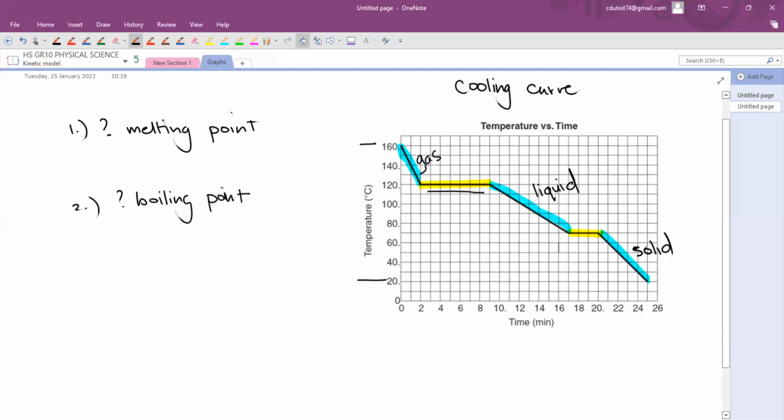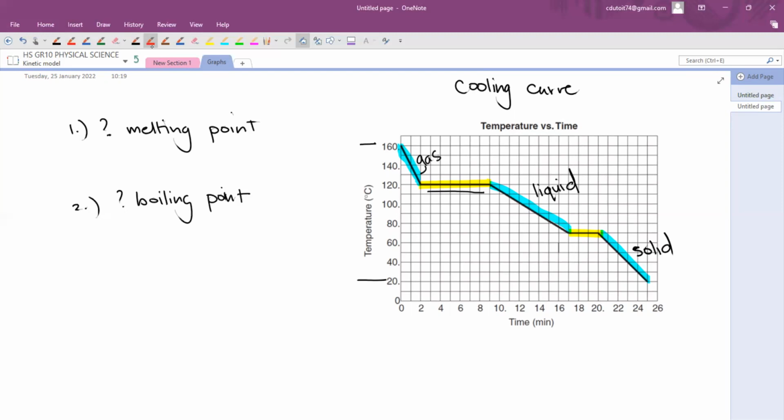Okay, what is melting point? Melting point is when a liquid becomes a gas, and boiling point is when a solid becomes a liquid. Melting point is when a solid becomes a liquid, or the temperature between the solid and the liquid, and boiling point is when liquid becomes gas. Who can tell me the melting point of that substance?